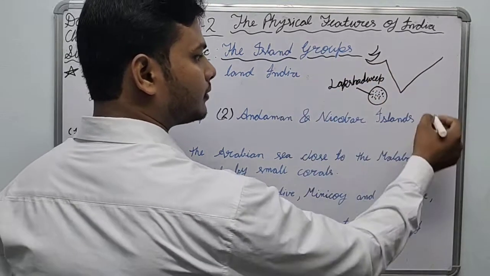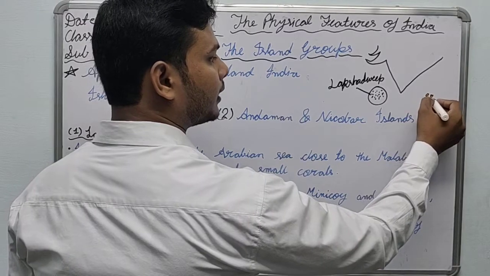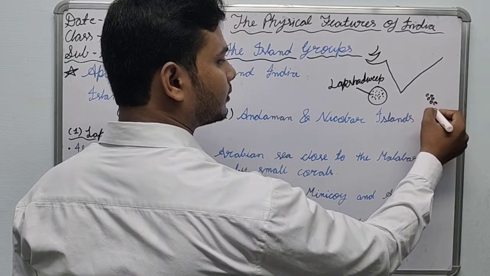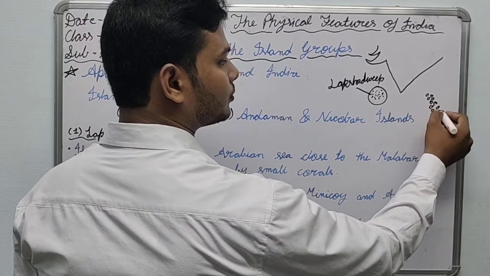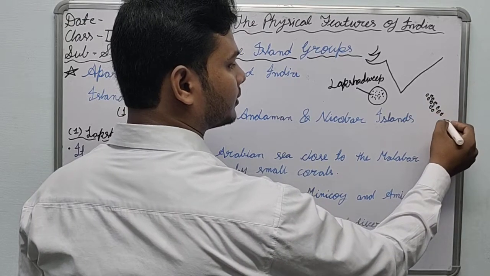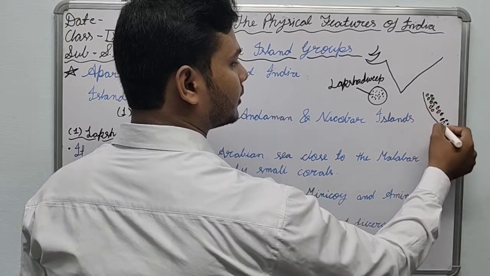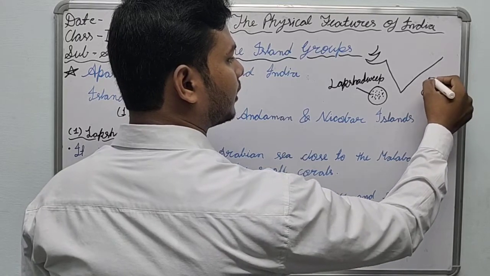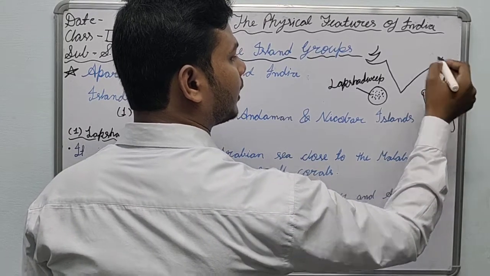Same as here, small islands are also present like this, in a north to south direction. These groups of islands are known as the Andaman and Nicobar Islands.